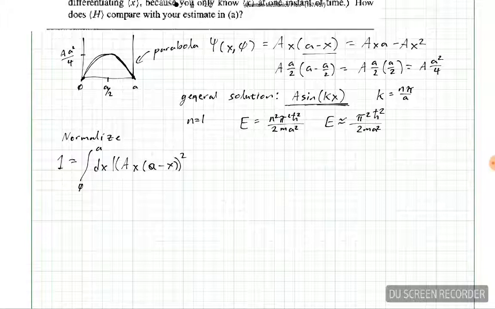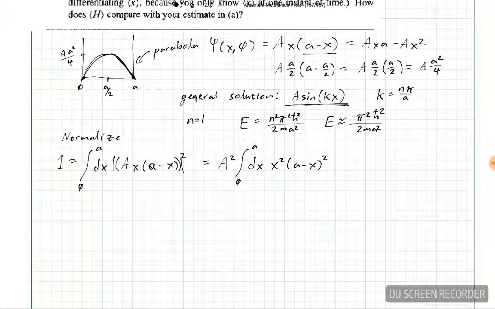Or I should be strict and put in absolute values there. So what I get is I can pull out the capital A, and then we have dx, and I'm just going to go ahead and square this guy out here. So I have x squared, a minus x squared.